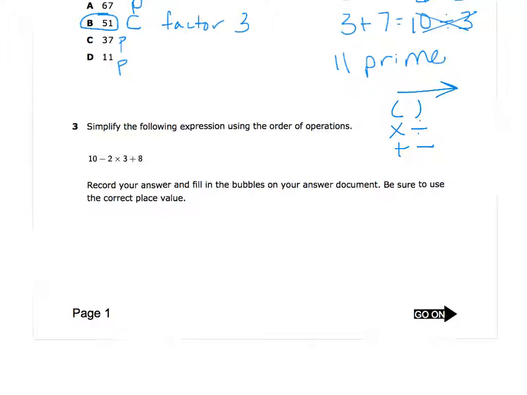So if I look at this one, the first thing I see is a multiplication, so I have to do that first. So now my new expression will be 10 minus 6 plus 8. Then I have to go left to right, so since subtraction is first, 10 minus 6 is 4, plus 8. 4 plus 8 equals 12. The correct answer here is going to be 12.